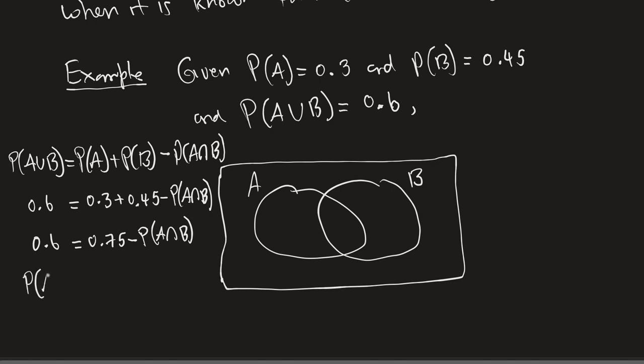So we will end up with this. The probability of A intersect B is 0.75 minus 0.6, and that gives us 0.15.